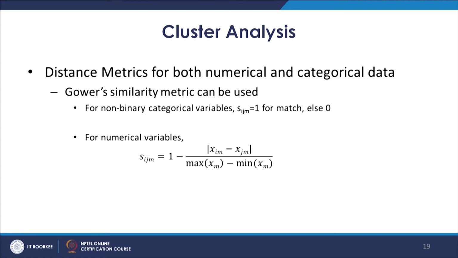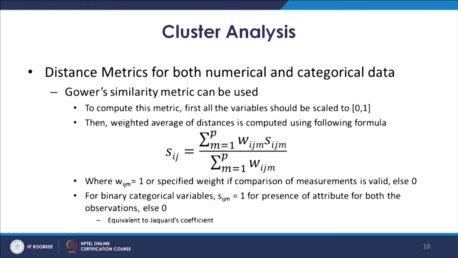Once all these SIJM values have been computed for categorical and numerical variables, we can plug them into the Sij formula and compute the similarity value for those 2 observations. About weight we have already talked about. In this fashion, Gower's similarity metric can be used when both continuous and categorical variables are present in the data set.